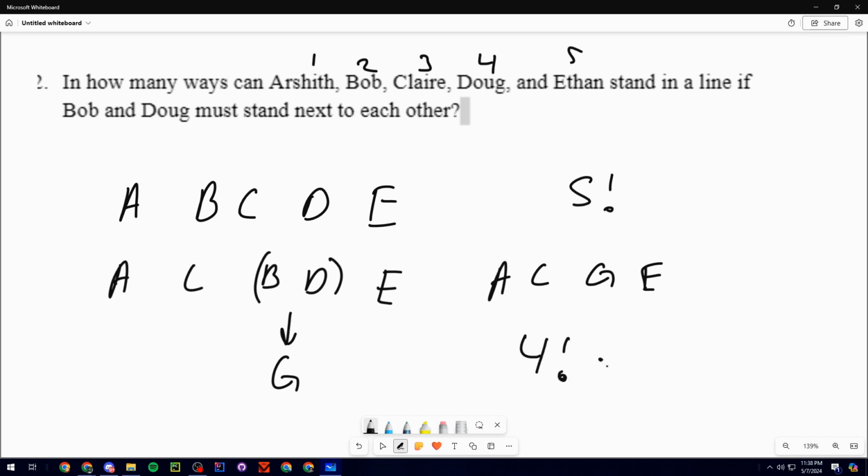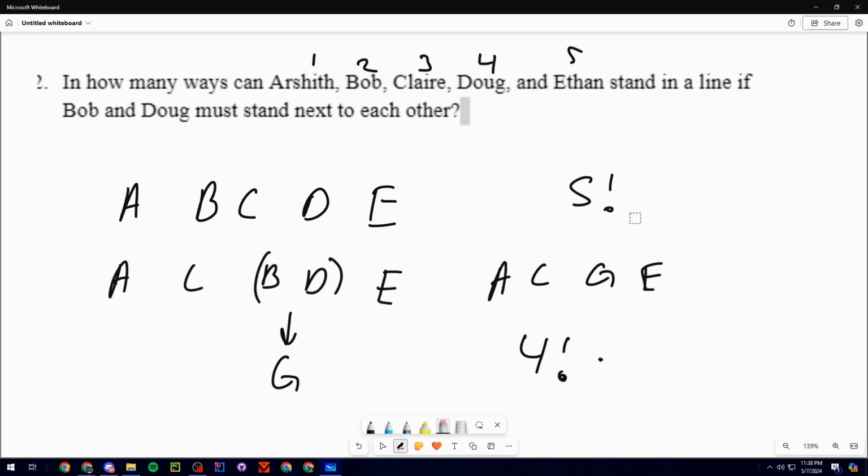But is that the final answer? No, because we got to realize that, hey, Bob and Doug are 2 separate people. They're not the same. They are distinct. So because of that, for B and D, you can actually have the order where B comes first and then D, or the same exact thing, like A, C, G, E, where D comes first and then B. So how would that look?